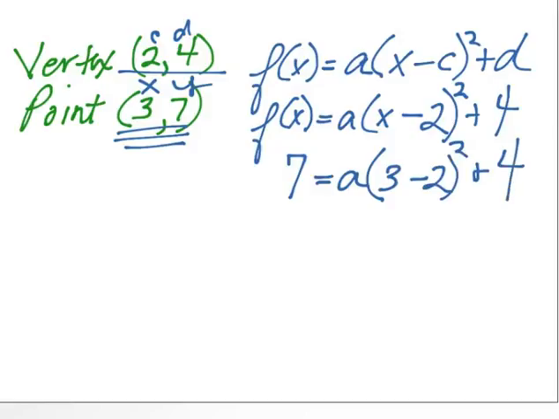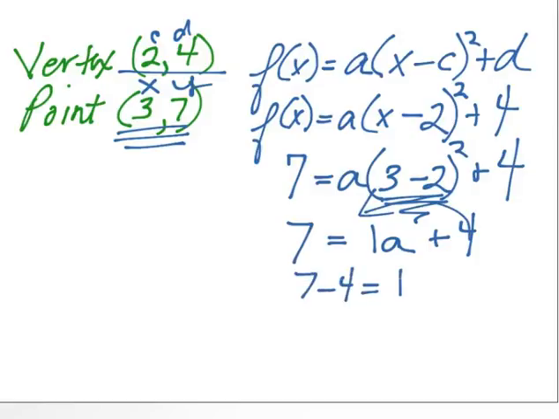Now we're just going to solve it. 3 minus 2 is 1, and 1 squared is still just 1. So that's 1a plus 4 is equal to 7. Now I move the 4 to the other side, so that 7 minus 4 equals 1a. So 3 is equal to 1a, which is just really a, right?